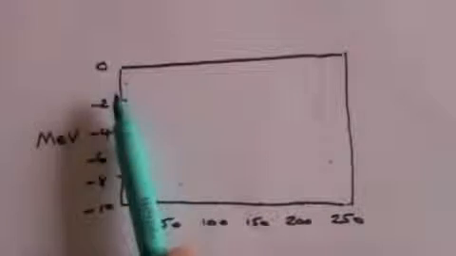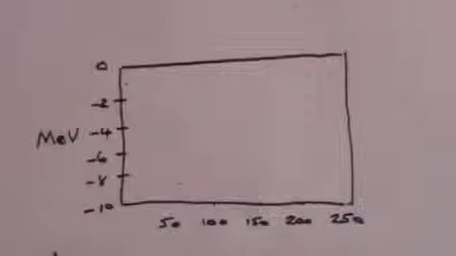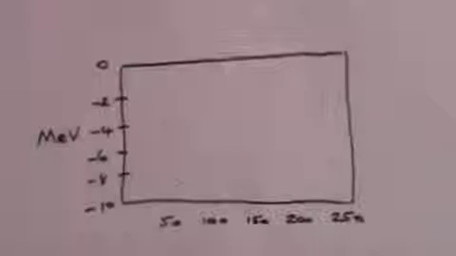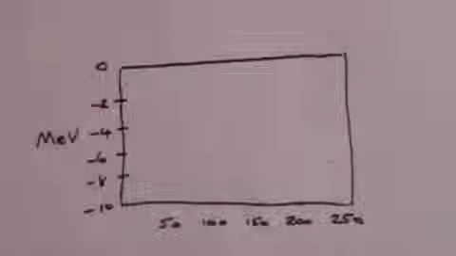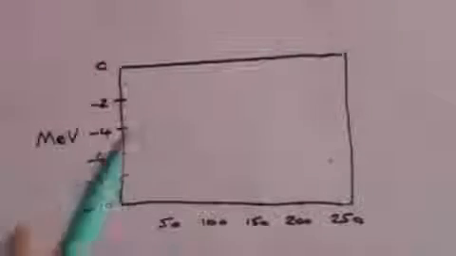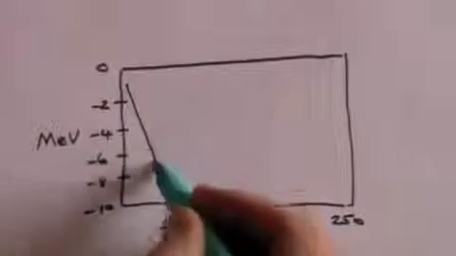This shows the binding energy, which is expressed in negative terms, because what it means is that if a proton or neutron is bound in the nucleus, you have to put energy in to get that nucleon out. Now the binding energy per nucleon is shown in a graph that looks something like this.